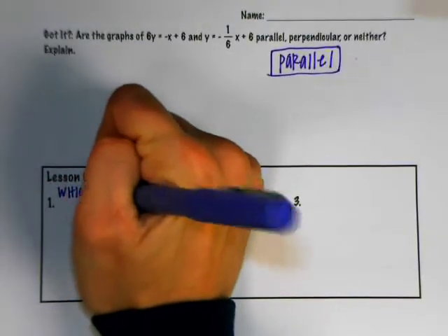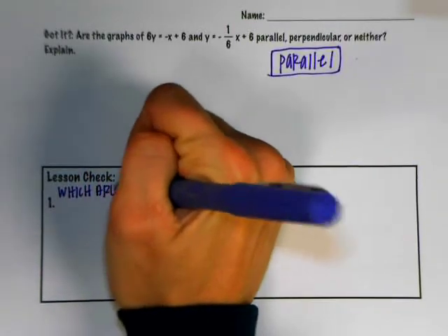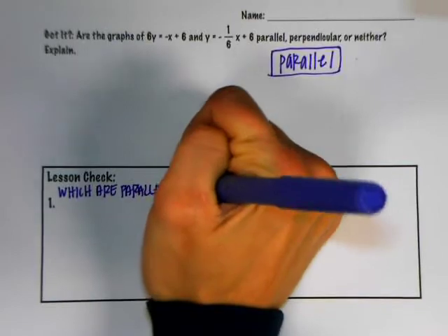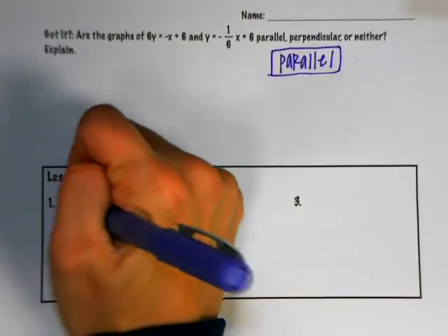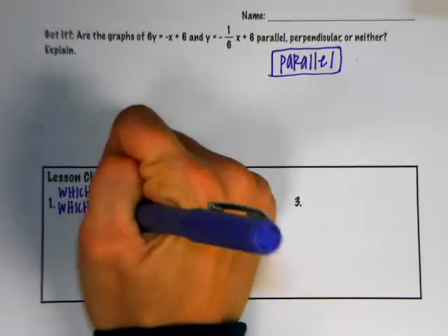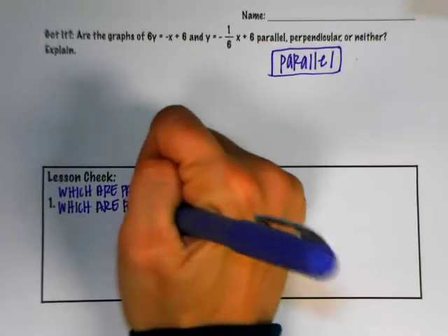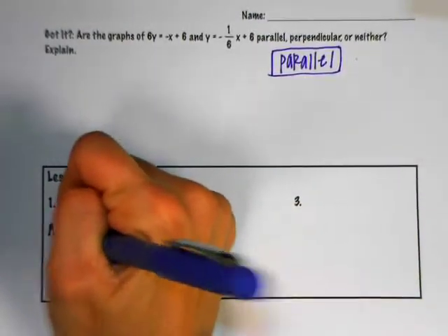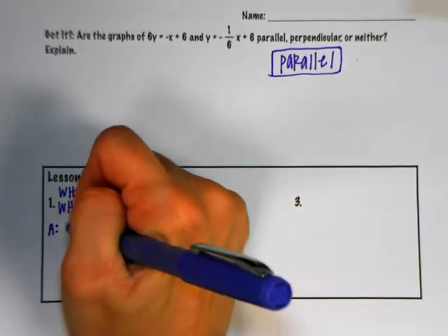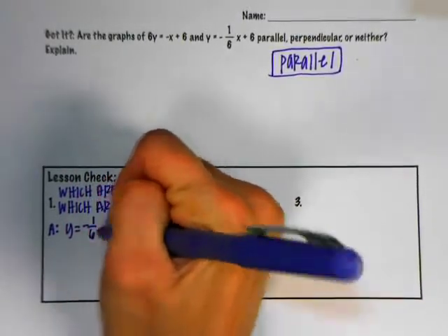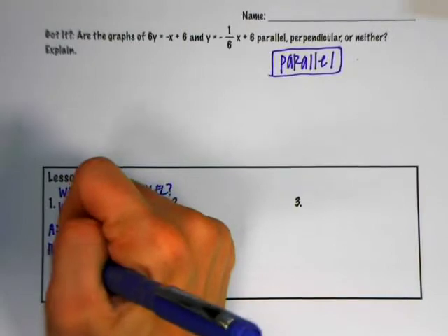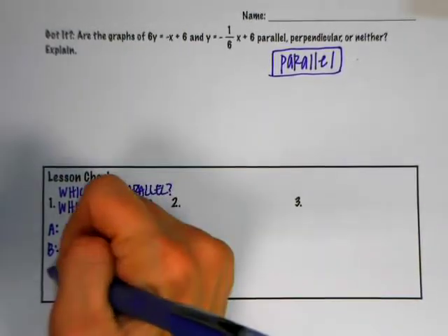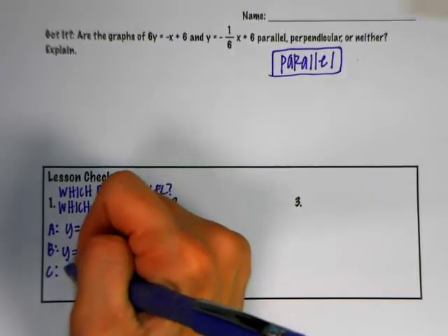So which are parallel and which are perpendicular? A is y equals negative 1 over 6x. B is y equals 6x. And C is y equals 6x minus 2.